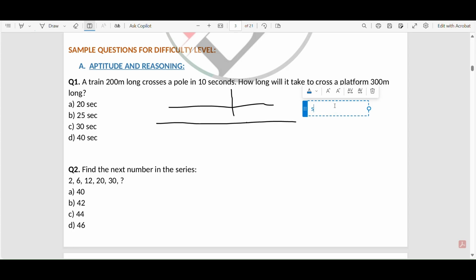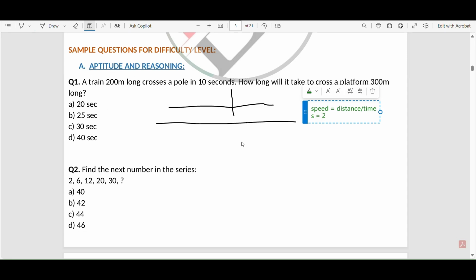Now we first have to find the speed of the train, with how much speed it is traveling. Speed equals distance divided by time, right? What is the distance here? The distance of the train is 200 meters.